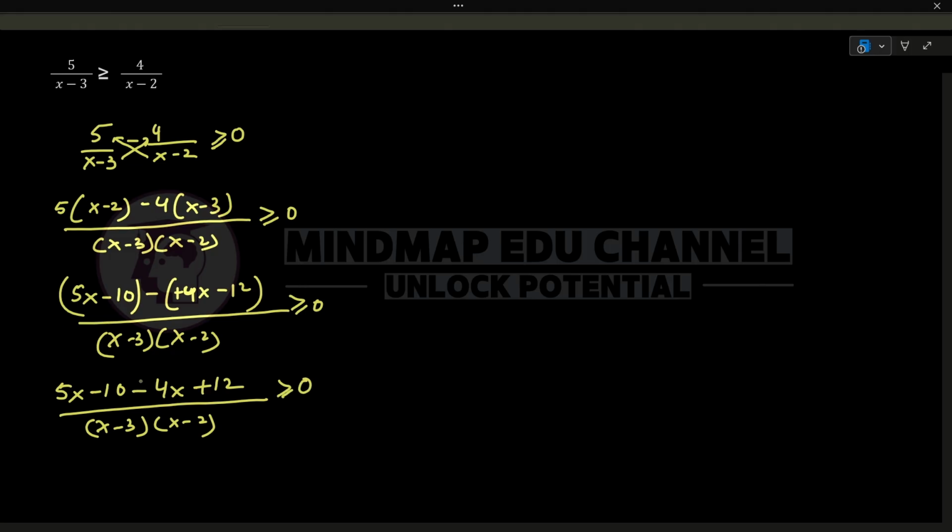Now solve the like terms first. So it will be x plus 2 in the numerator, and in the denominator we have (x minus 3)(x minus 2) greater than or equal to 0. So this is the simplified form, and from the numerator we get x equals minus 2, and from the denominator we have x equals 3 and x equals 2.